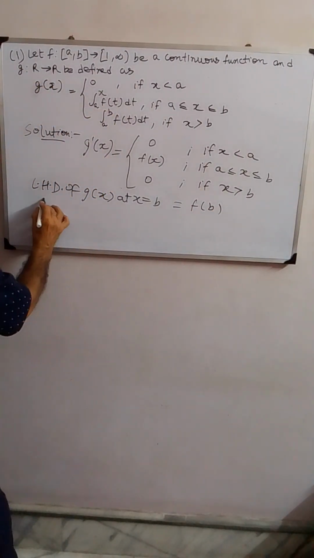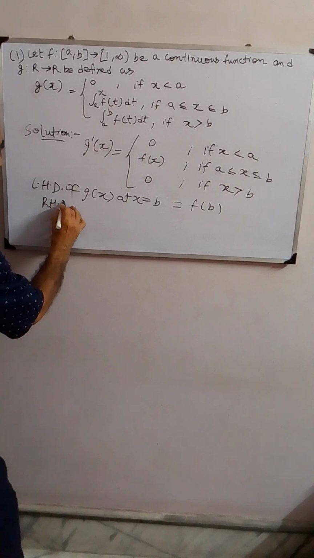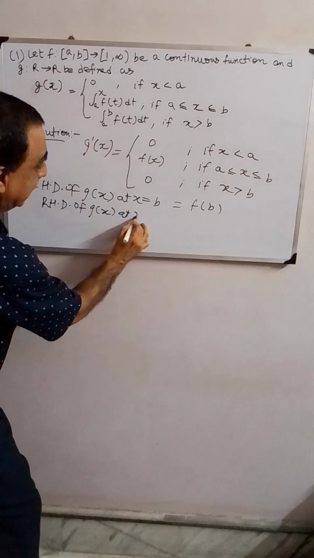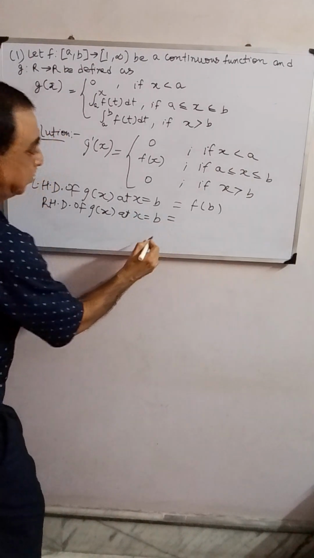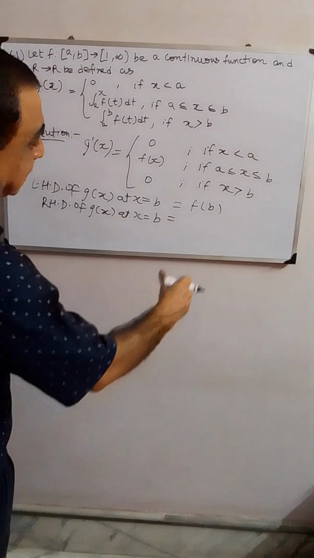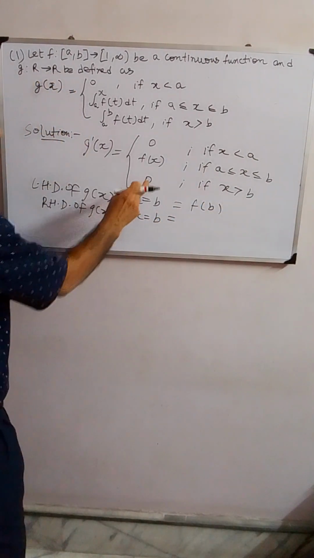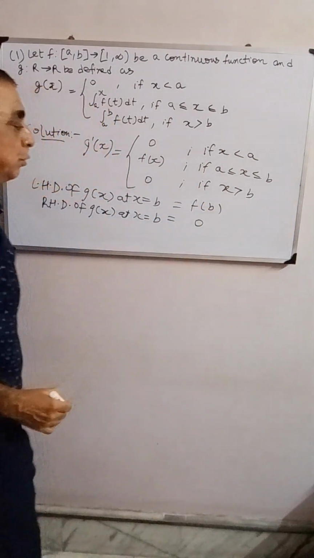And the right hand derivative of g(x) at x equals b, that means the value of x is greater than b. When x is greater than b, g'(x) equals 0.